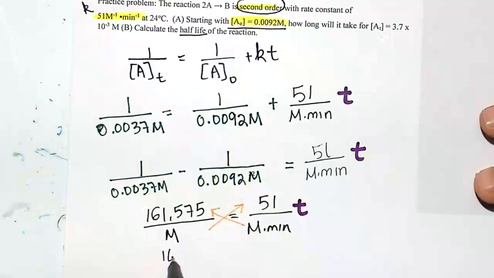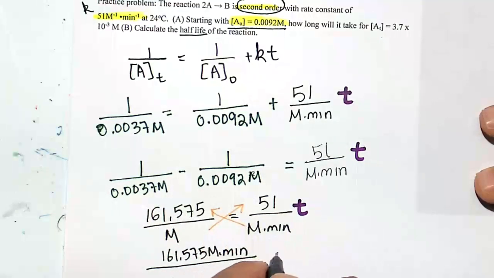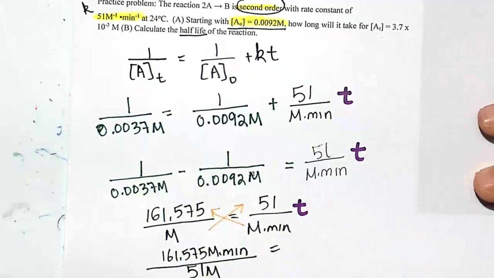So that is 161.575 big M times minute. This goes here, this goes there. This goes to 51M. That is equal to T.